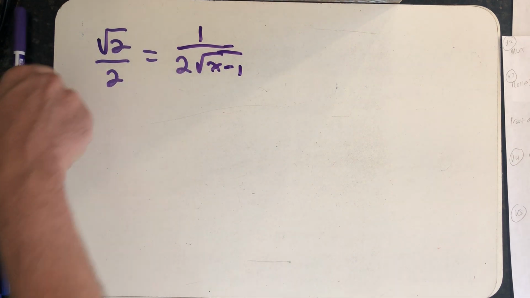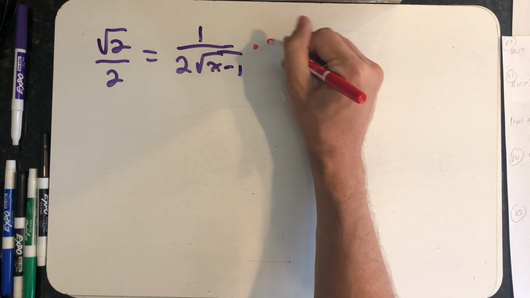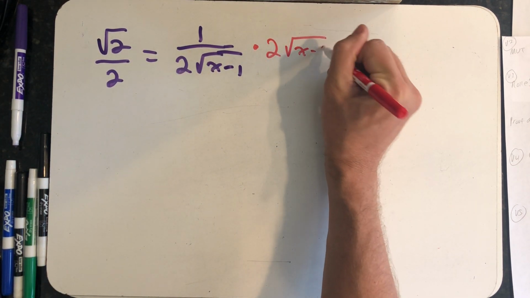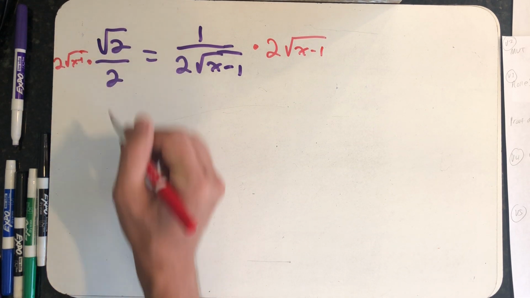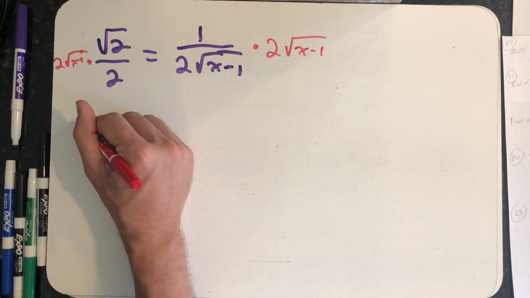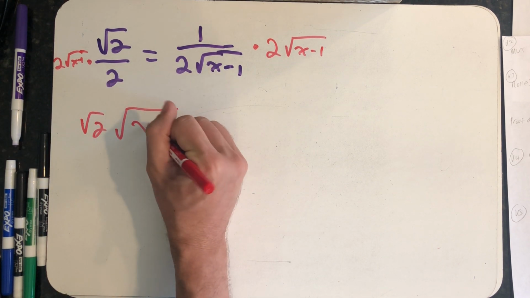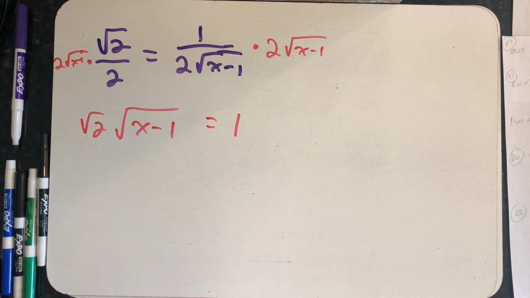All right, well, I'm going to solve this equation by multiplying both sides by 2 times the square root of x minus 1. On this side, the over 2 and that 2 would cancel, leaving me with this. And on this side, I would just be left with 1.